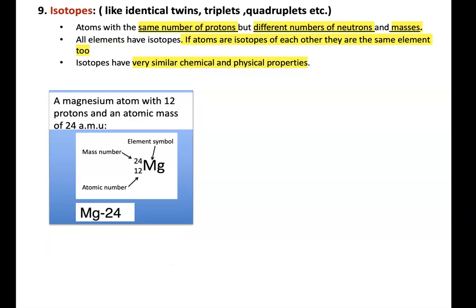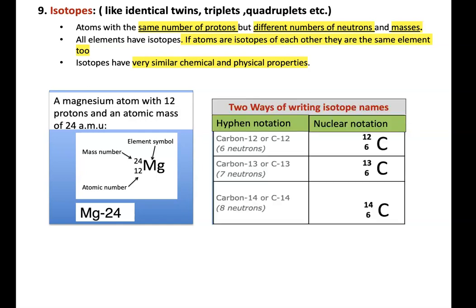So how do you write isotopes in chemistry? Say you have a magnesium atom with 12 protons and an atomic mass of 24 AMU. You can write that in two ways. One is the hyphen notation shown over here: you write the symbol of the element, hyphen, and the mass of the atom.